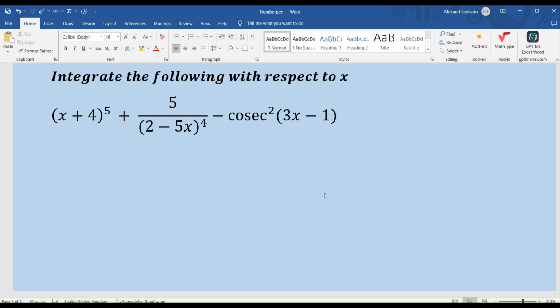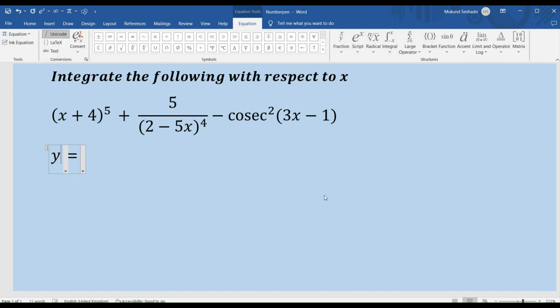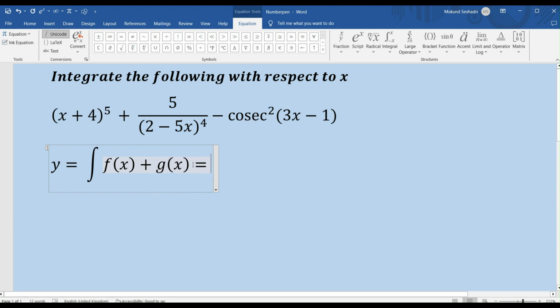So the way we write this is very simple. Y equals integral of f of x plus, let's assume we have another function, say g of x, with our dx here. Let me bracket this.